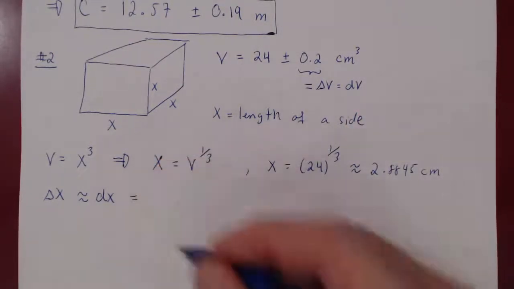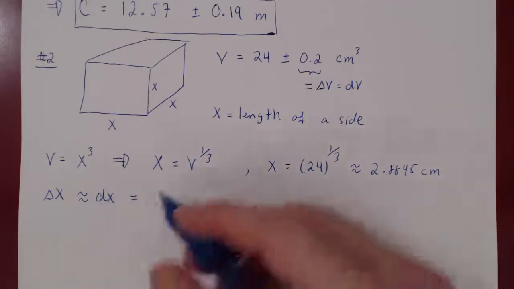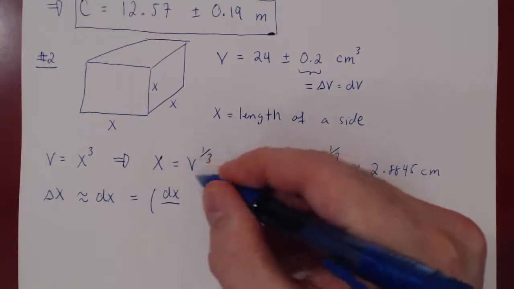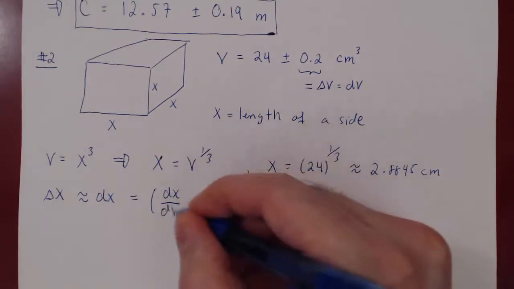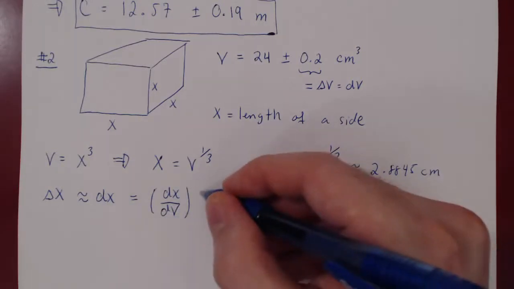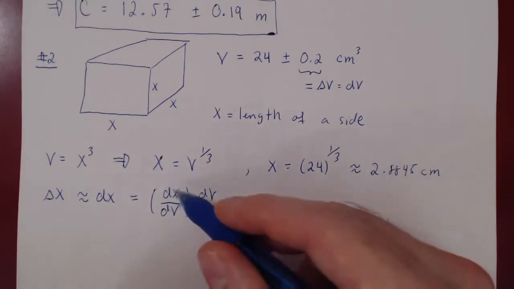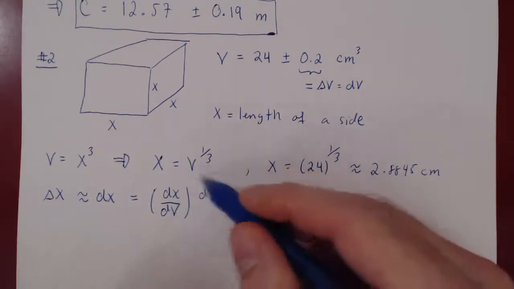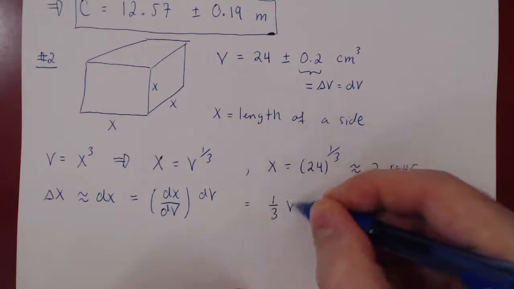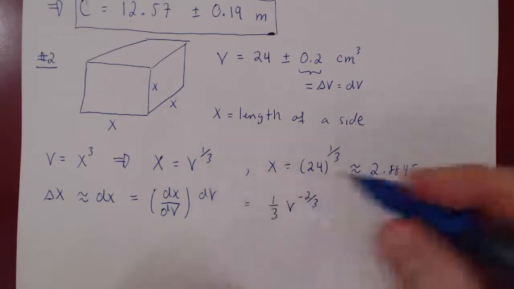And now we find a differential. Because x is a function of v, the differential dx is the derivative of x with respect to the independent variable. Of course, to get dx, we have to multiply by dv. Well, what is the derivative of x with respect to v? Using the power rule, we get 1/3 v to the negative 2/3 times the differential dv.